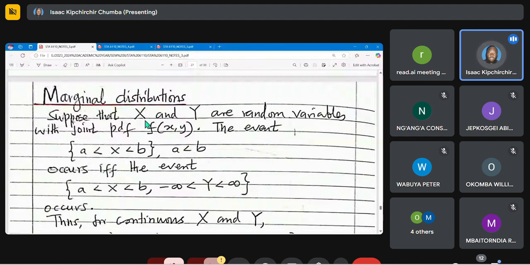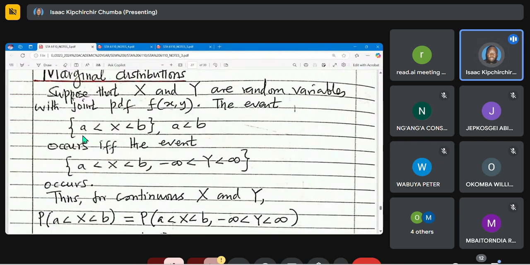So suppose that X and Y are random variables with the joint PDF. So we have the event that X lies in the interval AB, where A is less than B. So this event is equivalent to another event because we have two random variables and we are studying them simultaneously or jointly.